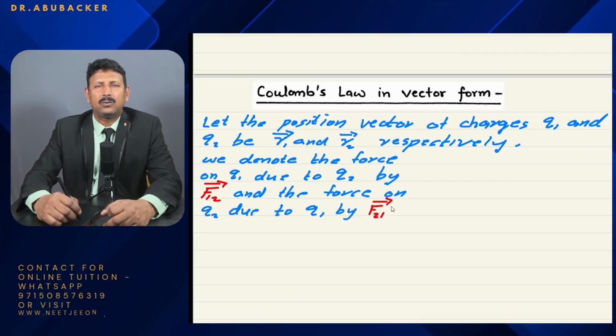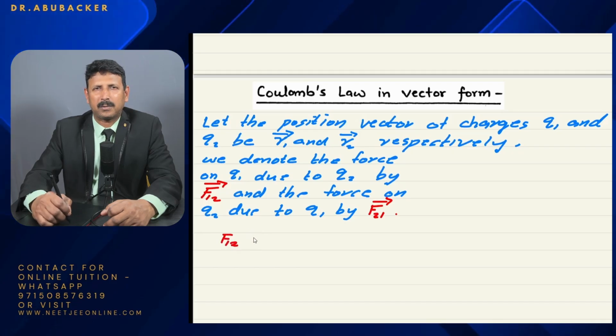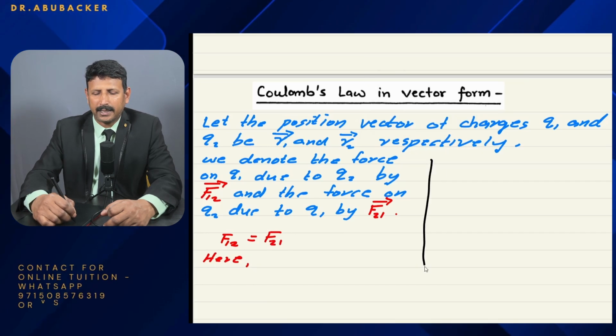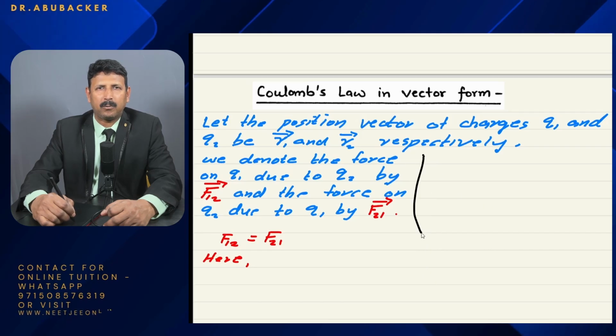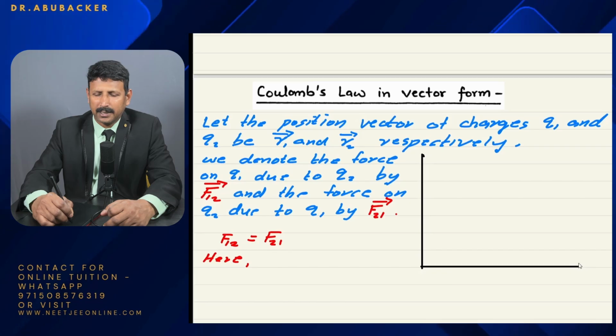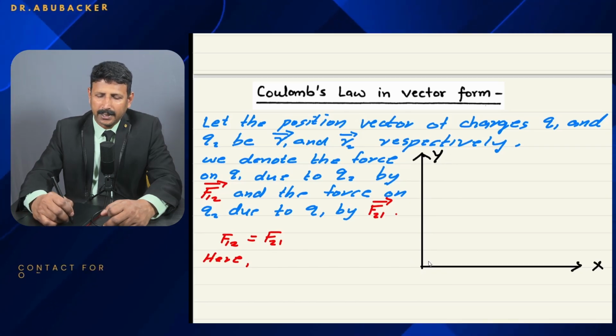Now we are going to do one drawing here, an XYZ coordinate system. As we wrote, the first charge Q1 has a position vector from the origin, small letter r1, with a vector symbol above it. Now the second charge Q2 has a position vector from the origin, r2.